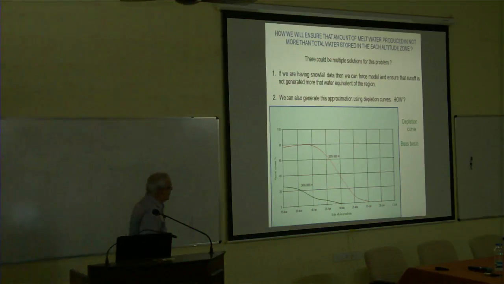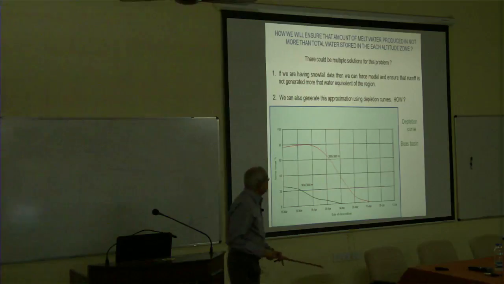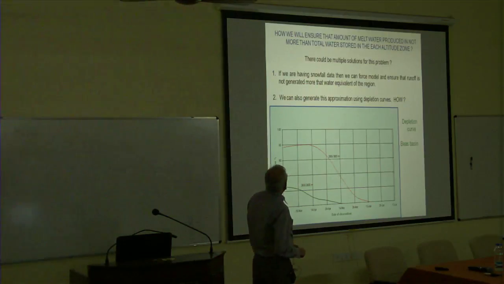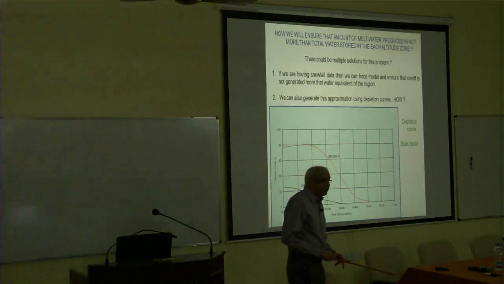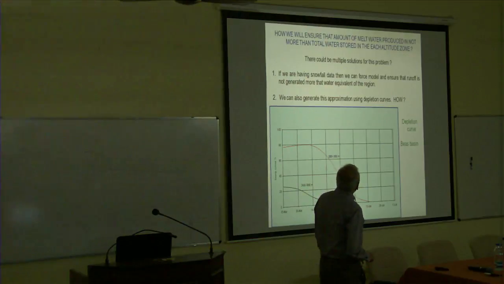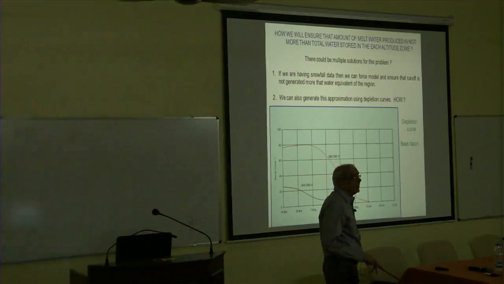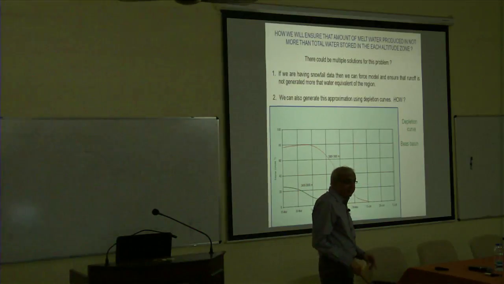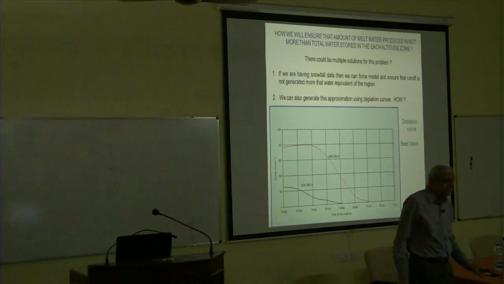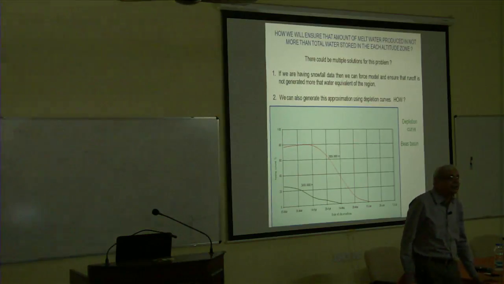Now, the key question is, how will we ensure that the amount of meltwater produced is not more than the total stored in each altitude zone? There could be different solutions for this problem, depending upon what kind of data you have.